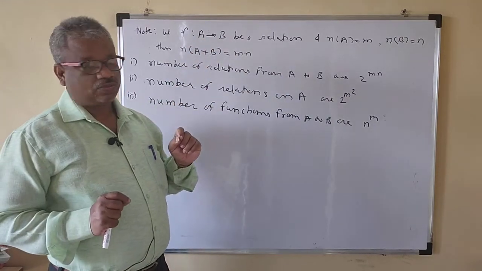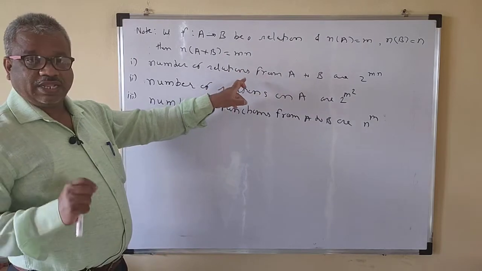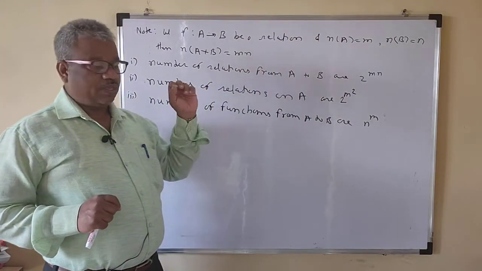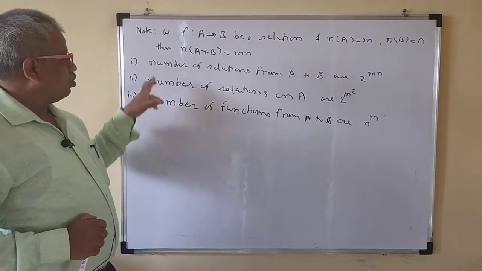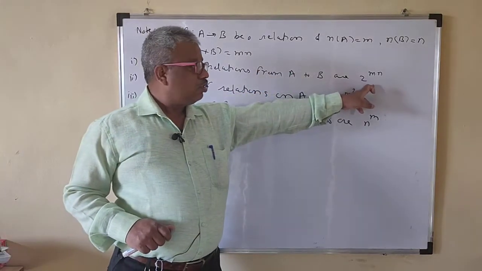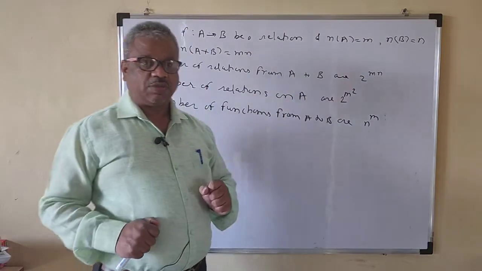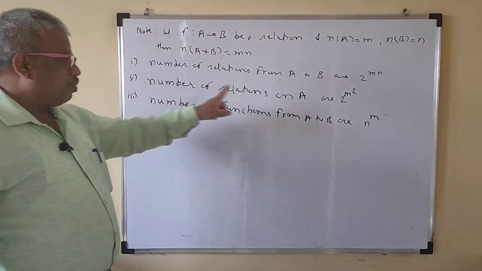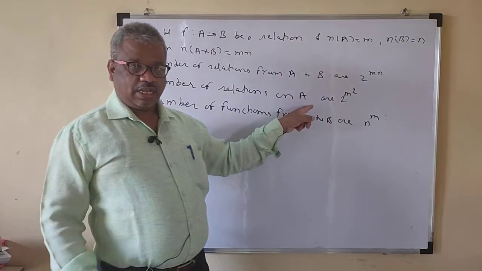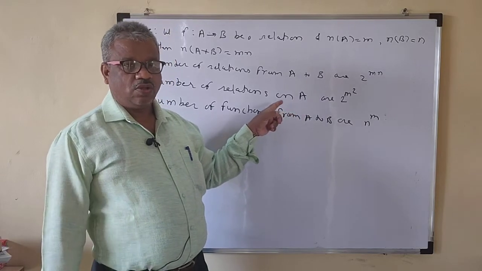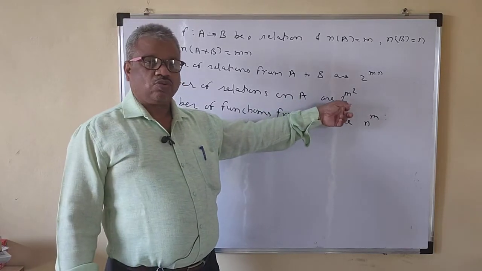This is the problem. How many relations can we form with the help of A and B, that means from A to B? So there are 2 raised to mn relations we can form from A to B. And if you want the number of relations on only A, that is, as we defined, an equivalence relation is on one set, so there are 2 raised to m square.